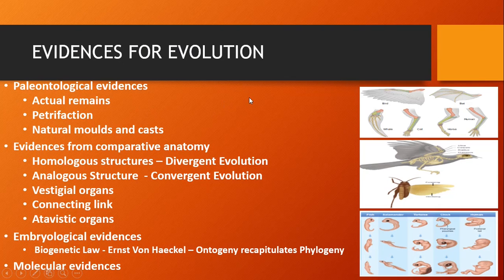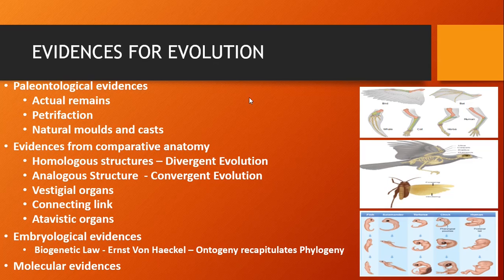So next we see the evidences for the evolutions. So what are the evidences? Evidences means some supporting material to describe the concept of evolutions. In the previous class we defined the term evolution.